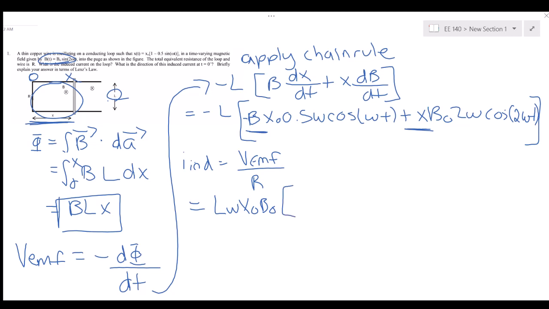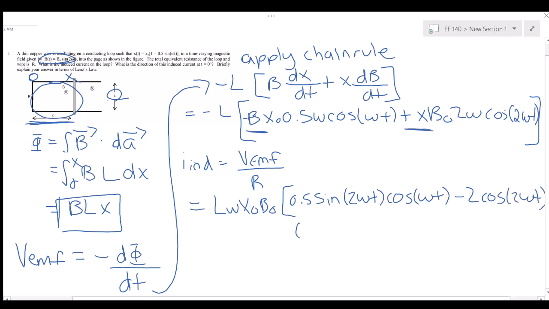So then we get 0.5 sine 2 omega t cosine omega t minus 2 cosine 2 omega t, multiplied by 1 minus 0.5 sine omega t.